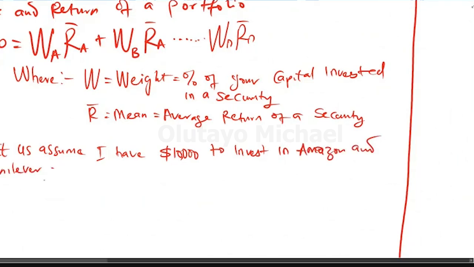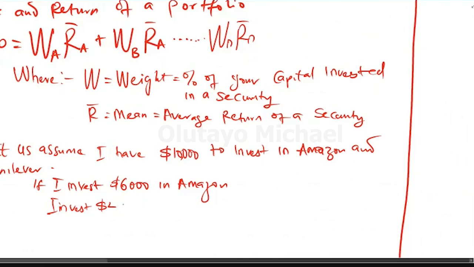If I invest $6,000 in Amazon and I invest $4,000 in Unilever, this means my weight in Amazon, written as WA, is 6,000 over $10,000, which gives me 60%.